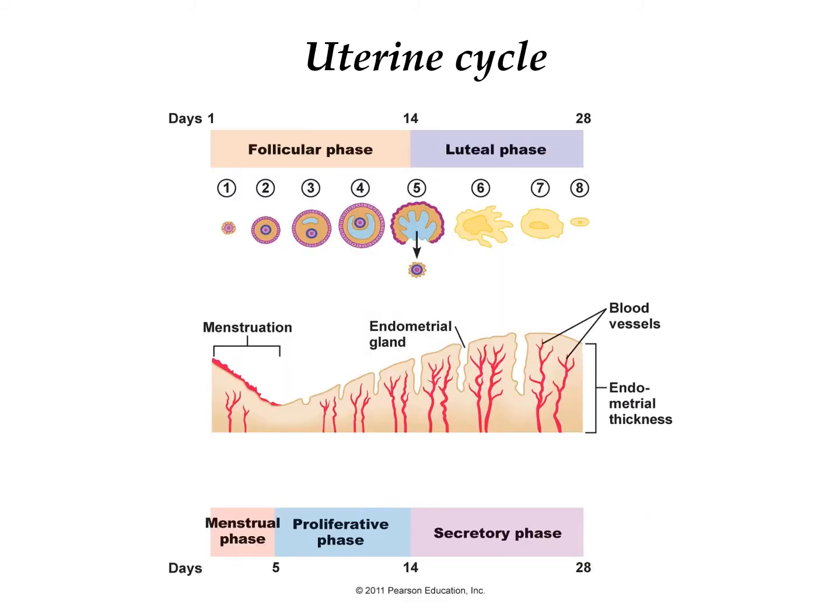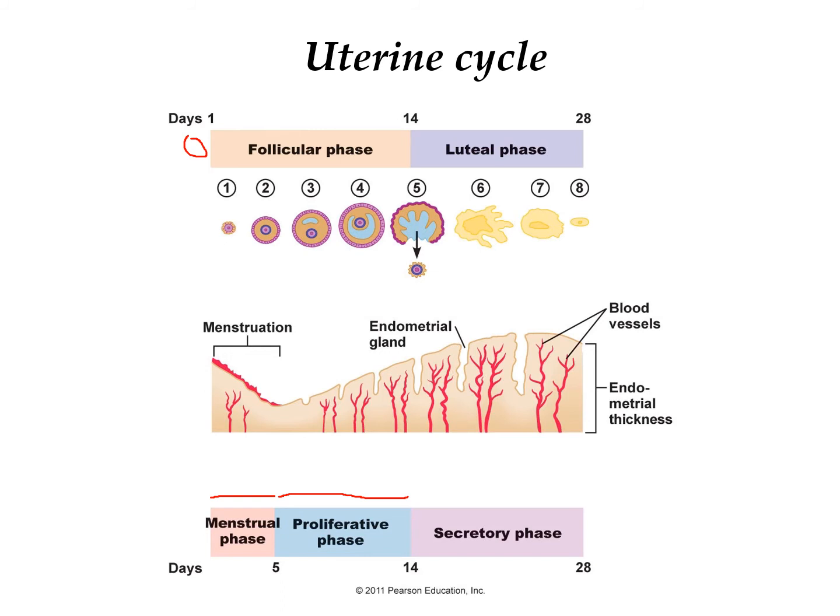In the context of the uterine cycle, if you map it to the ovarian cycle here, okay, the follicular phase and luteal phase, you will see you have the menstrual phase in the early part of the follicular phase, where you have menstruation, so all this blood comes out. And then you start growing the endometrial gland again.